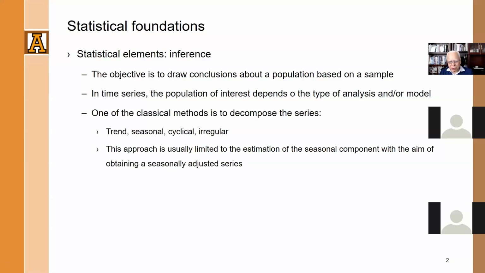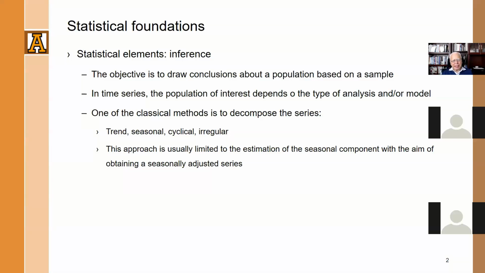We talked last time about decomposing a series in terms of trend, seasonal, cyclical, and irregular. This approach in particular is aimed at estimating only the different components, the trend component, the seasonal component, and so on.